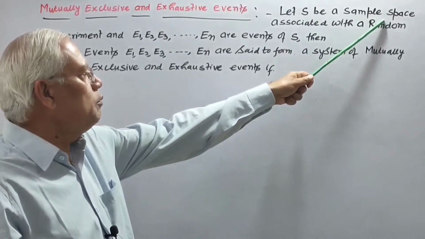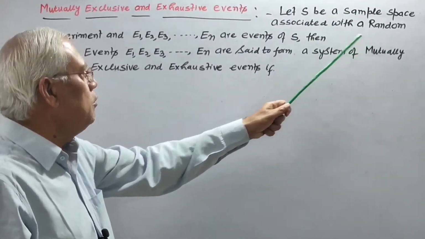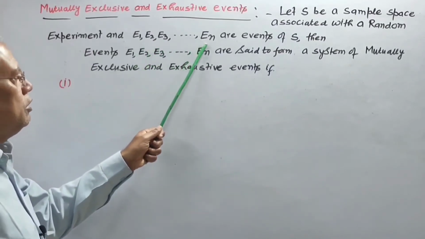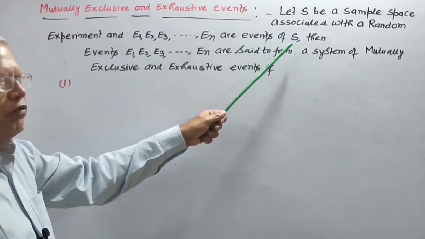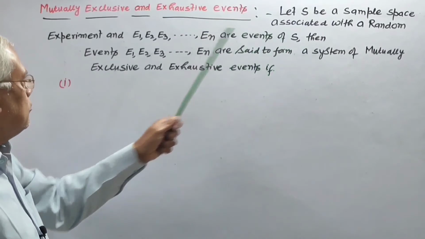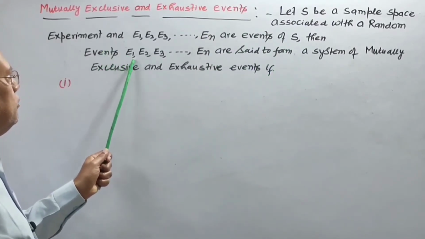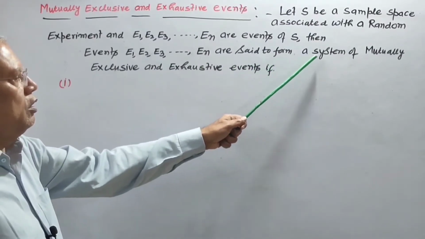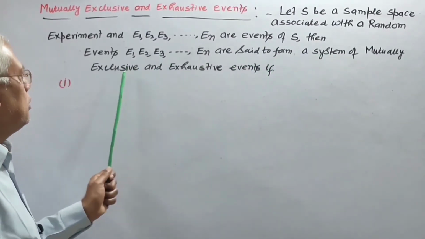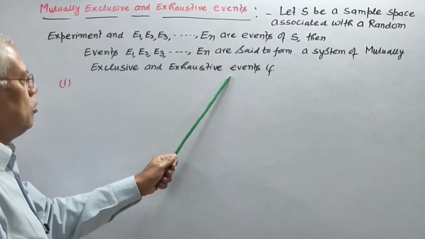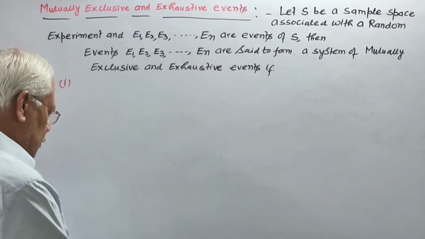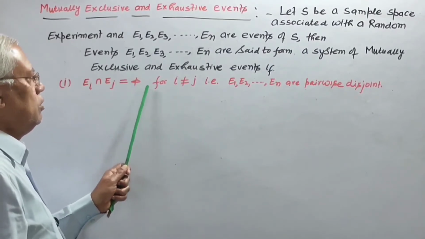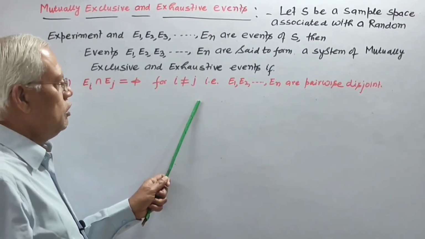Let S be a sample space associated with a random experiment, and E1, E2, E3 and so on En are events of S. Then events E1, E2, E3 and so on En are said to form a system of mutually exclusive and exhaustive events if condition number 1, Ei intersection Ej equal to phi for i not equal to j.